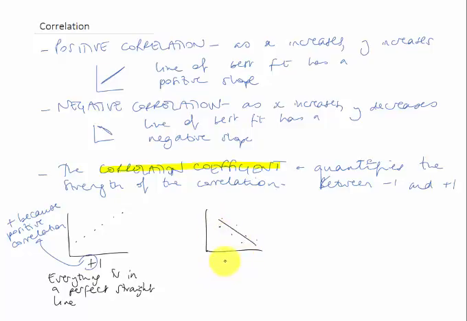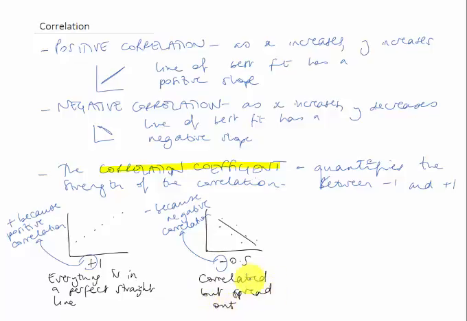But it's not perfect. It's a negative correlation, so this is roughly minus 0.5. So here this minus is because it's got a negative correlation. So here they're correlated but spread out. And that could be due to a variety of reasons why that variation exists around the line of best fit.